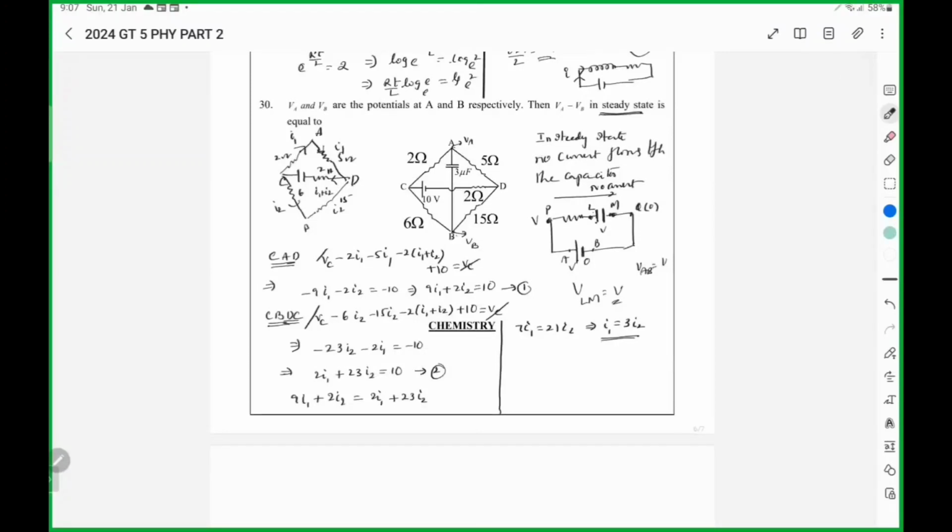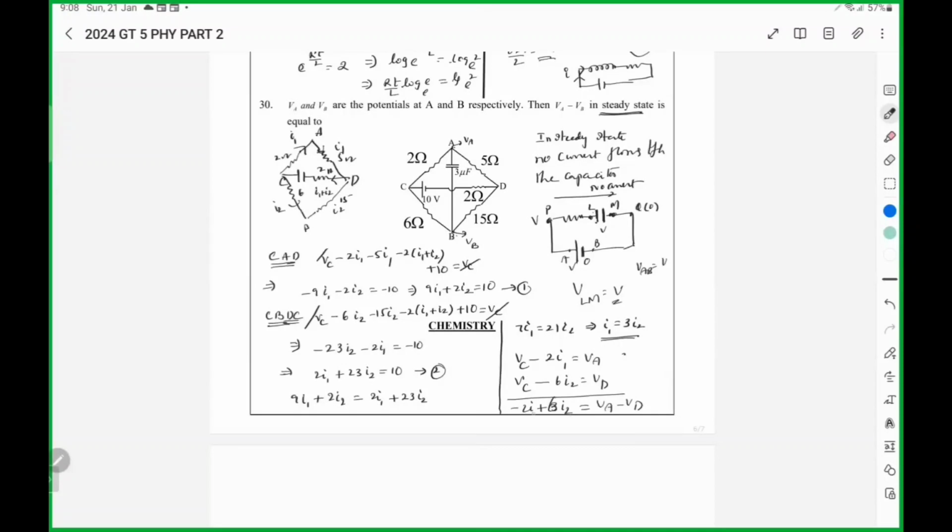Then how do we find the potential difference? VC minus 2I1 is equal to VA. VC minus 6I2 is equal to VD. So subtracting, minus 2I1 plus 6I2 is VA minus VD.